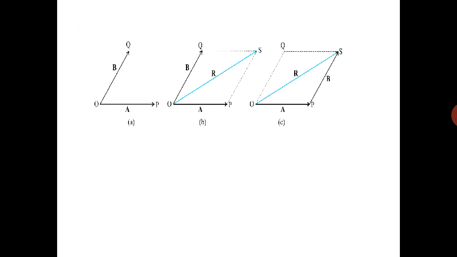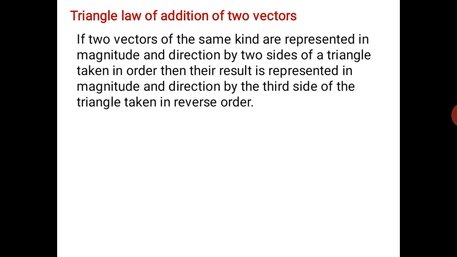See here, for a triangle ABC, suppose AB is taken as the first vector, BC is taken as the second vector. So you have to take the third vector, that is AC.